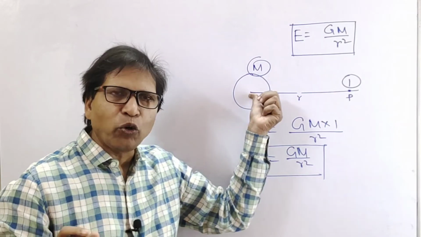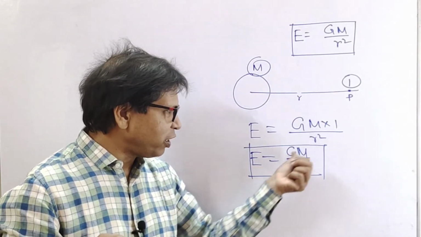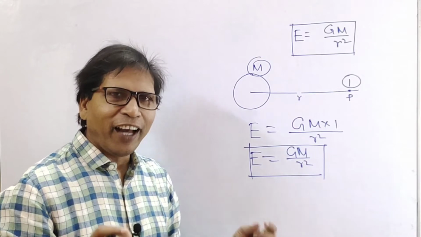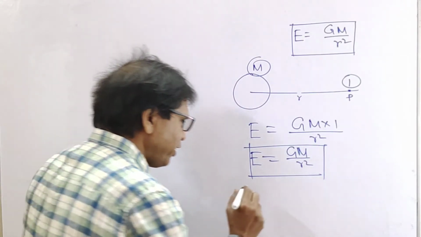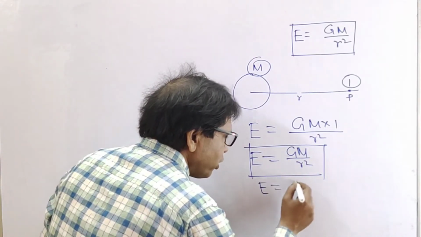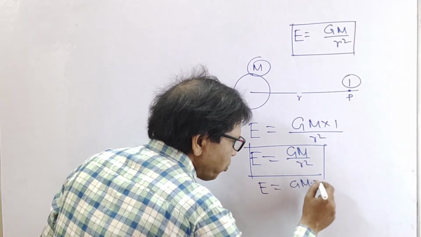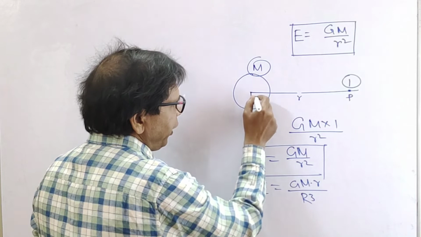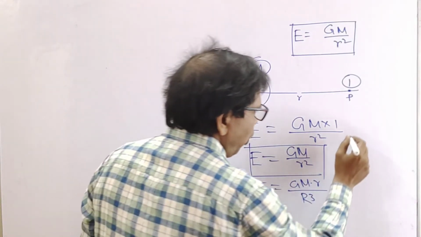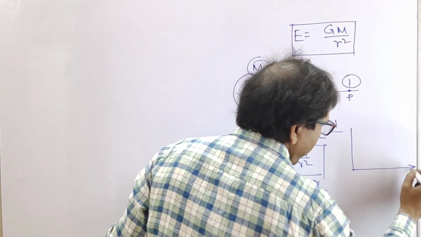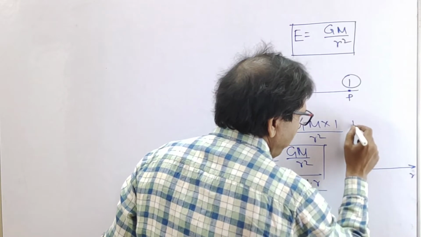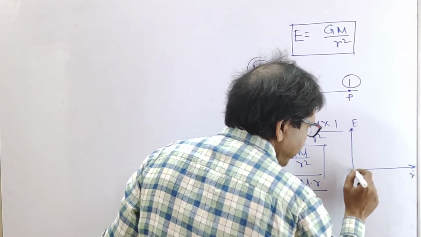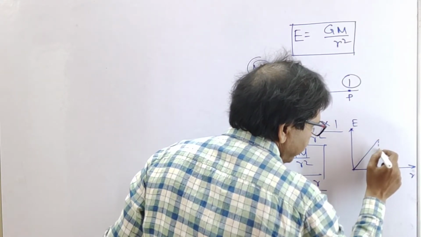Okay, outside the solid sphere E equals GM by r square. Now inside it, E equals G capital M small r by capital R cube, where capital R is the radius of it. If we plot a graph between intensity and distance r, this graph is just like the acceleration due to gravity and distance graph.